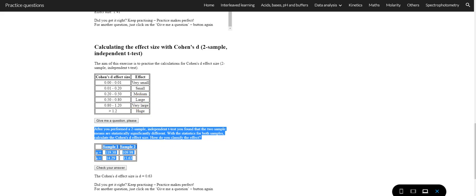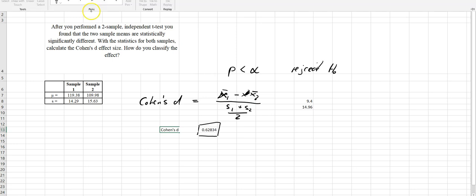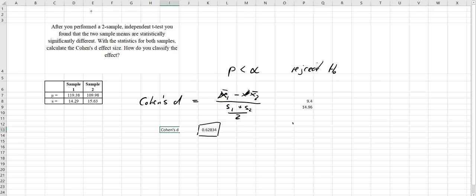So if the effect size, if Cohen's d is between 0.5 and 0.8, we can say this is actually not only statistically significant, but it is indeed a large effect in this case.